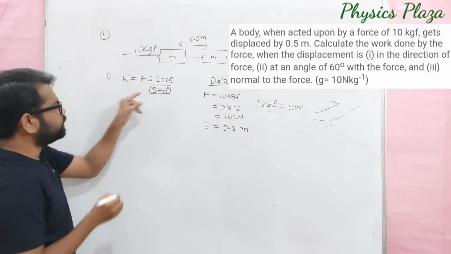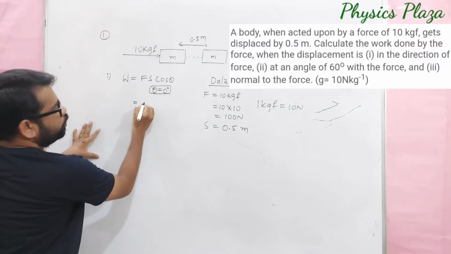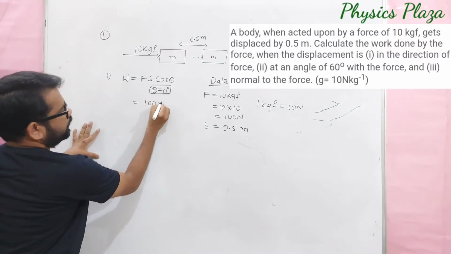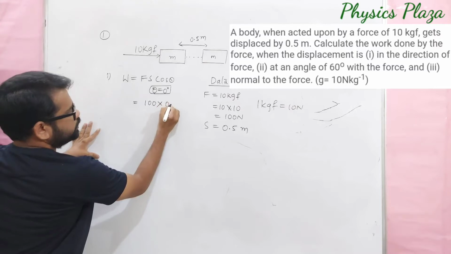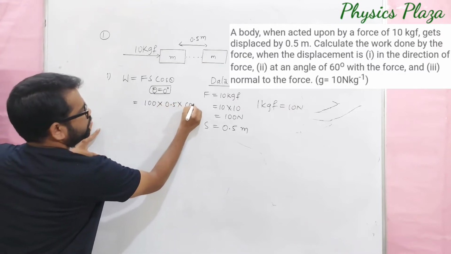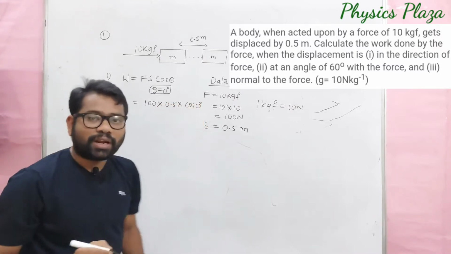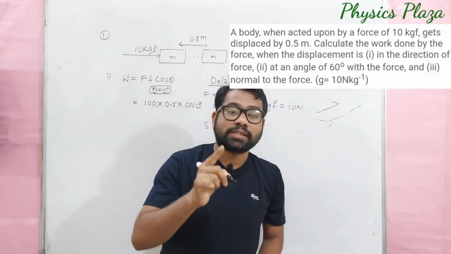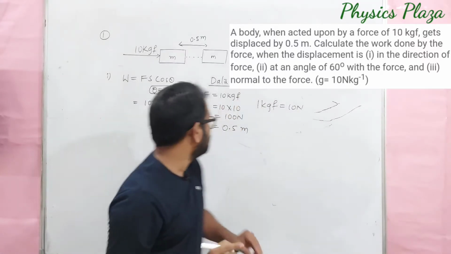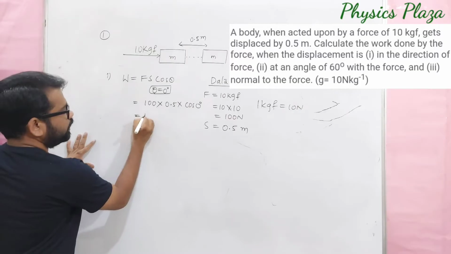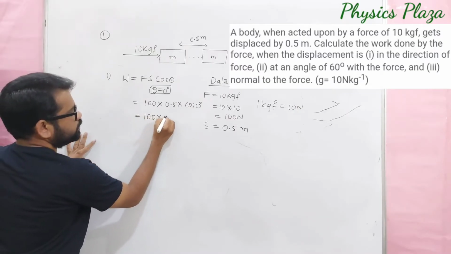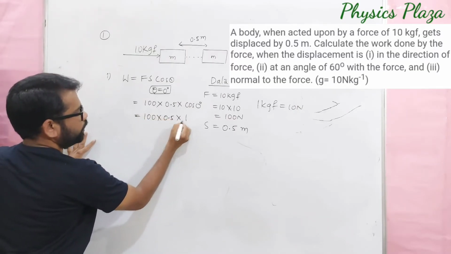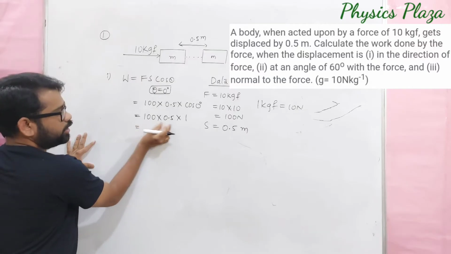Let us substitute the values in this. So, force is given how much? 100, and s is given how much? 0.5, and here it is cos 0 degrees. Children, cos 0 degrees is equal to how much? Cos 0 is 1. So, here it is 100 into 0.5 into 1. So, this is 100 into 0.5.